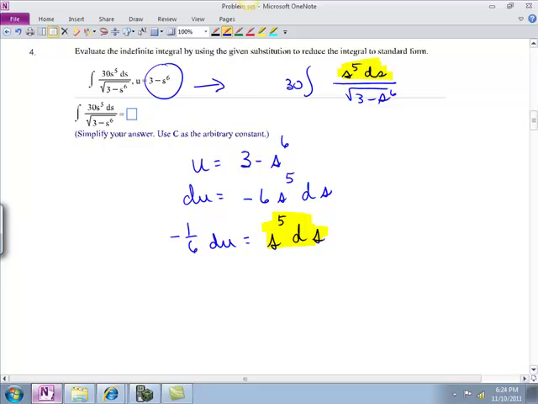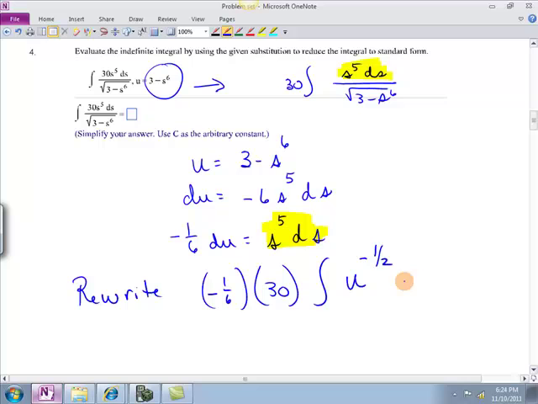I divided by the -6 over here, which became -1/6. When I rewrite, I'm going to have the 30, and I'm going to have the -1/6 outside. So we have -1/6 times 30 times the integral of u to the -1/2 du.